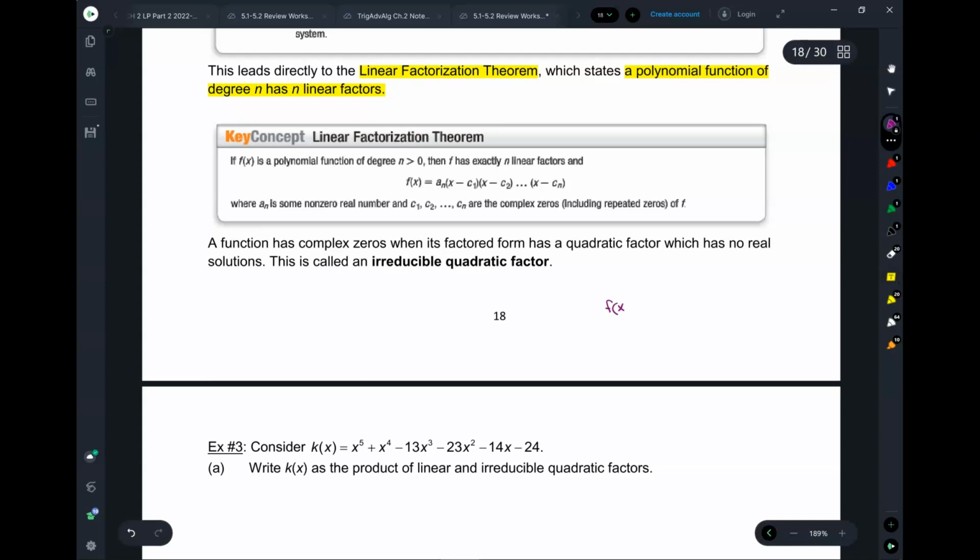Suppose you factor a polynomial equation and you get, I don't know, x minus 1, x plus 4, x squared plus 2, right? This is a degree of 4. It's got to have 4 total zeros. This gives a zero of 1 and -4. Well, what about here?